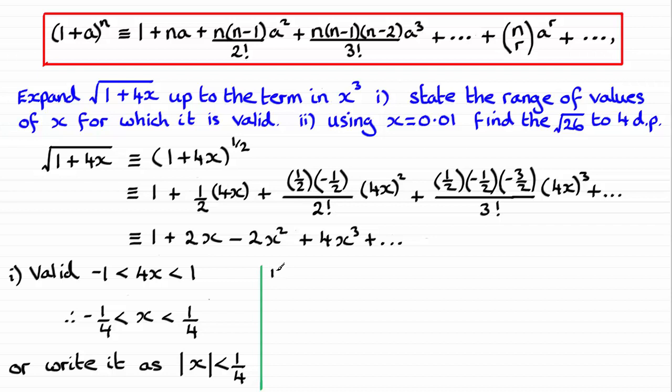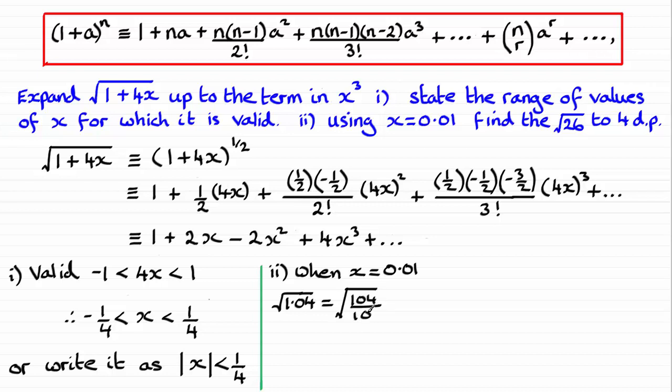So let's just start this off by saying that when x is equal to 0.01, we're going to get the square root then of 1.04. The question is, how does this relate to the root of 26? Well, the square root of 1.04 is exactly the same as square rooting all of 104 over 100.